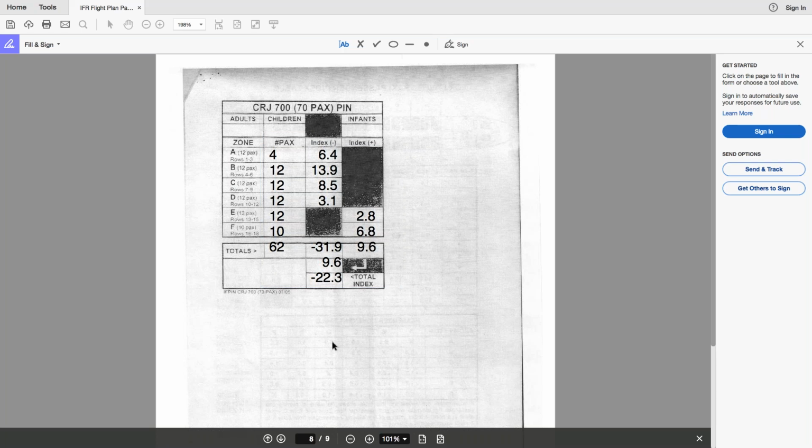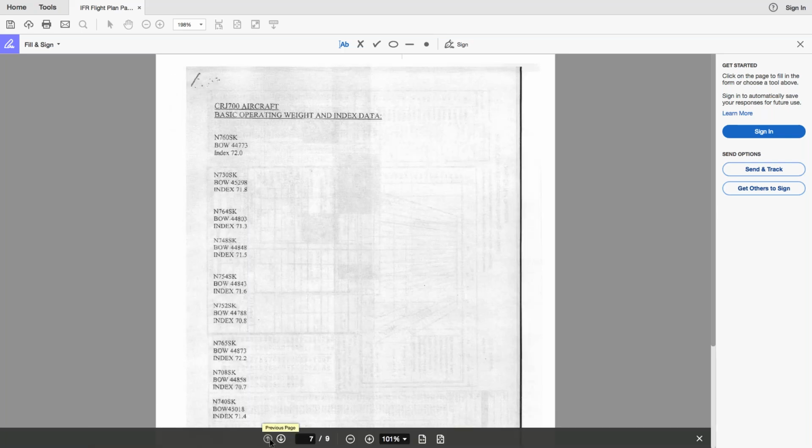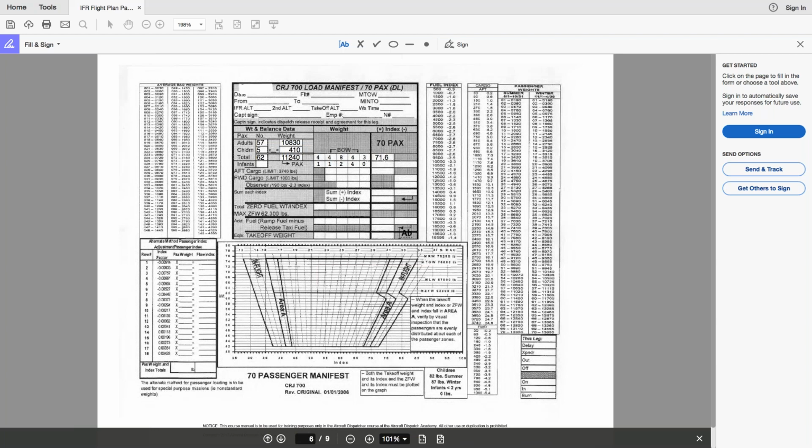Okay. So our index comes out to be a negative 22.3. Well, let's slide it over in the negative slot.